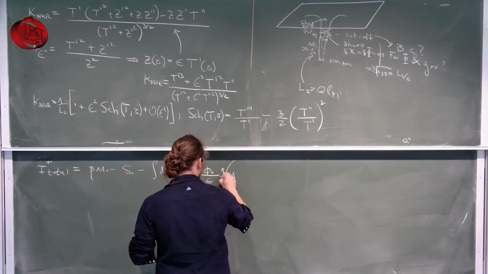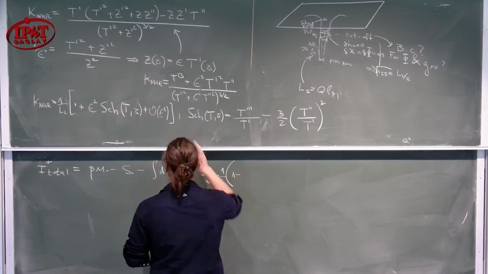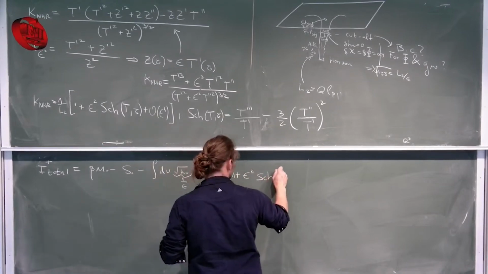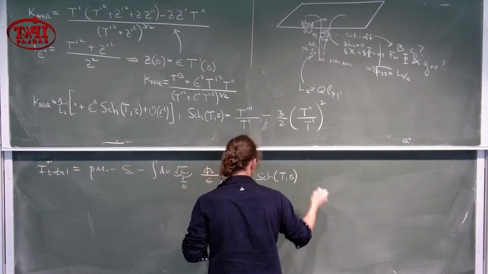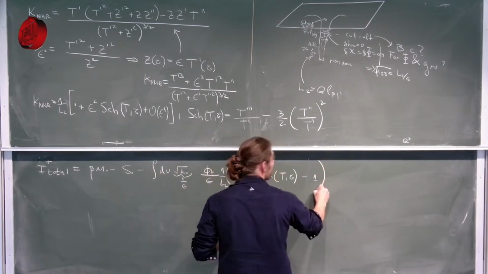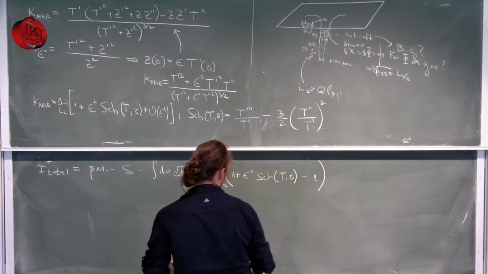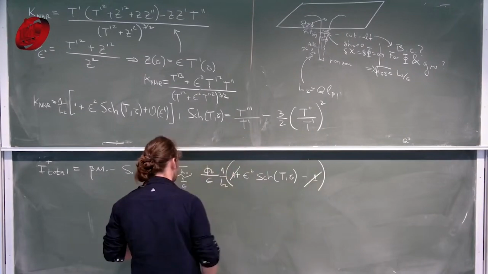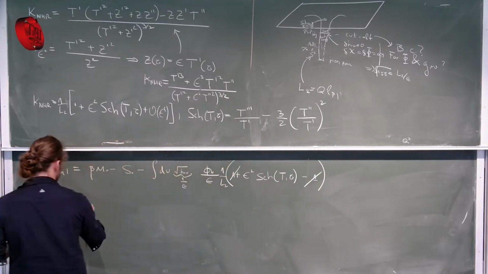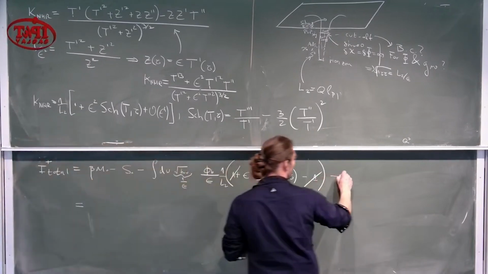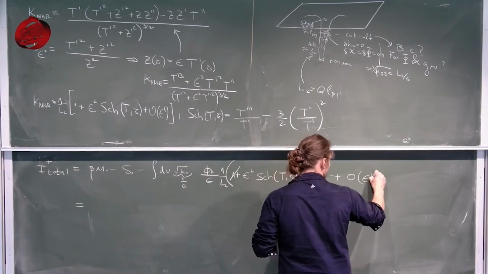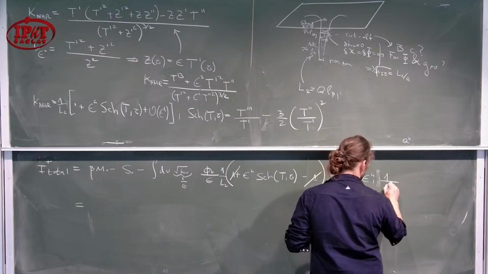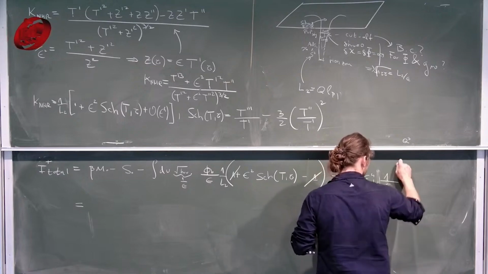times 1 over L2 times 1 minus 1 plus epsilon squared times the Schwarzian, and the minus 1 that came from evaluating the extrinsic curvature with respect to the vector pointing from the faraway region. So these simplify, plus higher terms in epsilon, and terms that are suppressed in 1 over S naught.